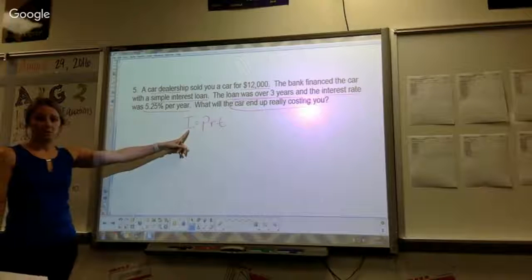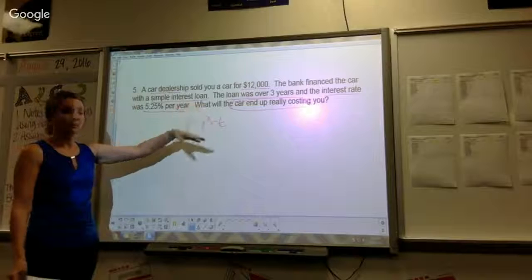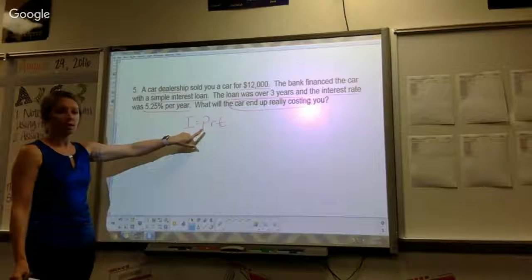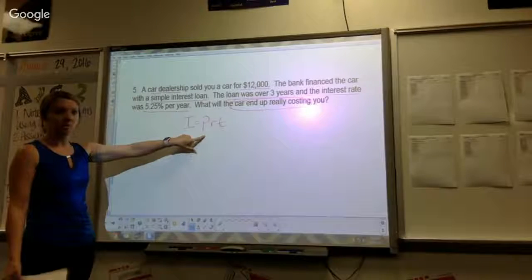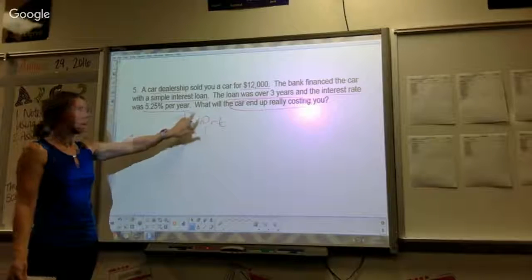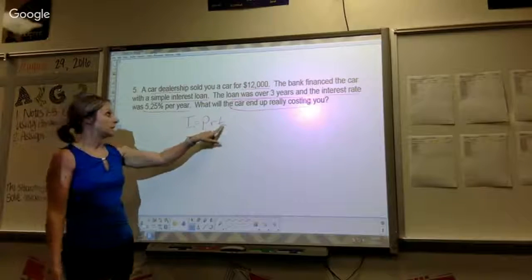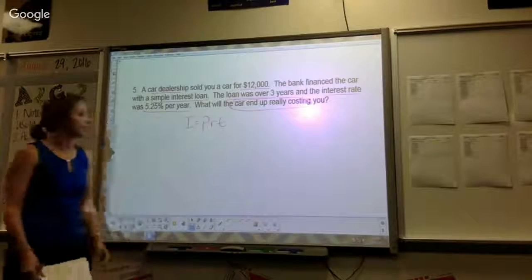I represents the interest that you will have to pay over the time period. P is your starting amount, starting price, your principal. R is your rate, which is your interest rate. Now, you will always see it as a percent. We'll have to change that to a decimal. And then T, of course, is your time. Okay?